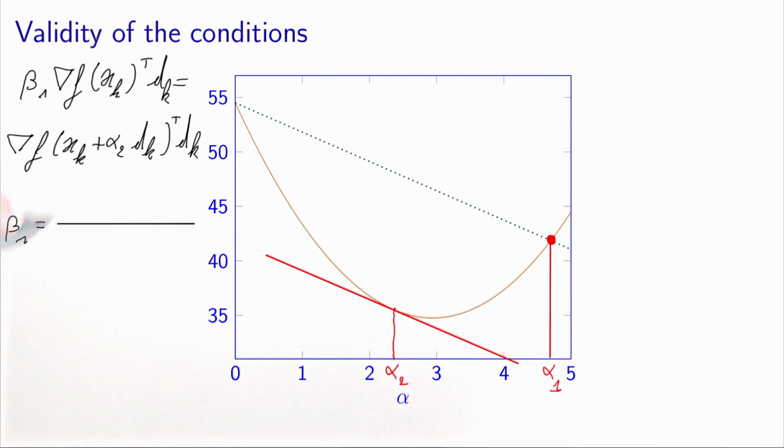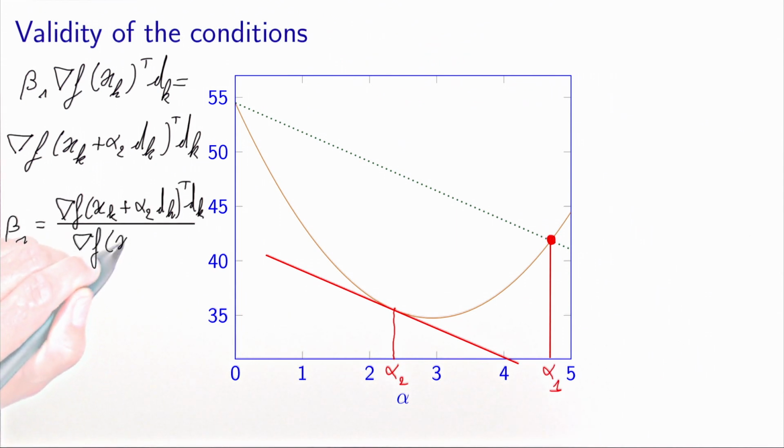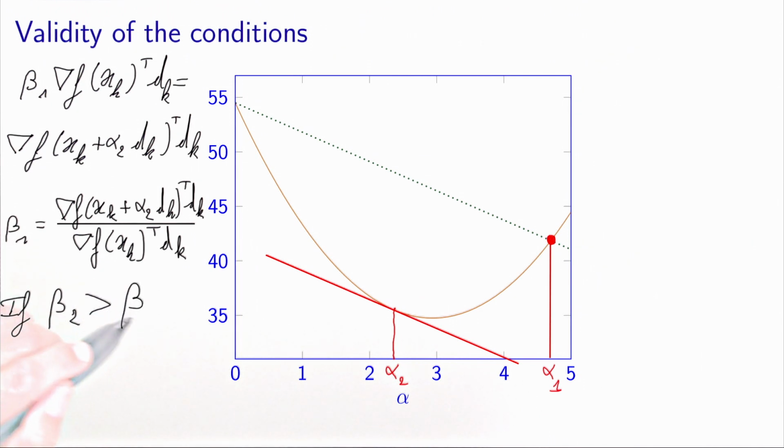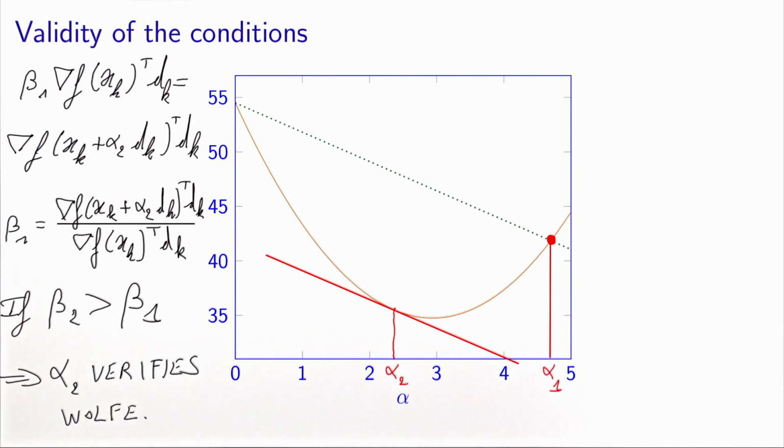So we can calculate beta 1 from this: beta 1 is the directional derivative at alpha 2 divided by the directional derivative at alpha equals 0. But this is exactly the ratio that is involved in the second Wolfe condition. So it means that if beta 2 is strictly greater than beta 1, then automatically the second Wolfe condition will be verified.